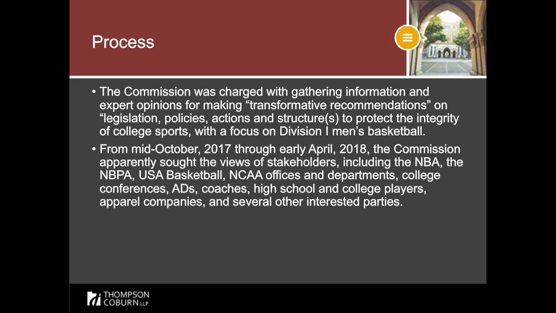From mid-October 2017 through early 2018, the Commission sought the views of stakeholders, including the NBA, the NBPA, USA Basketball, the NCAA offices and departments, college conferences, ADs, coaches, high school and college players, apparel companies, and several other interested parties.